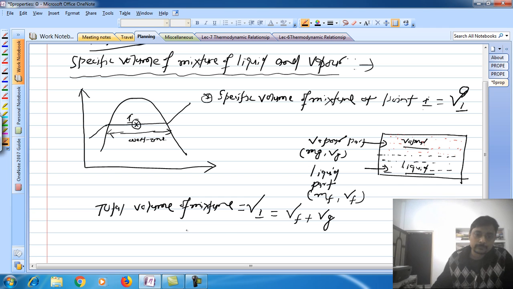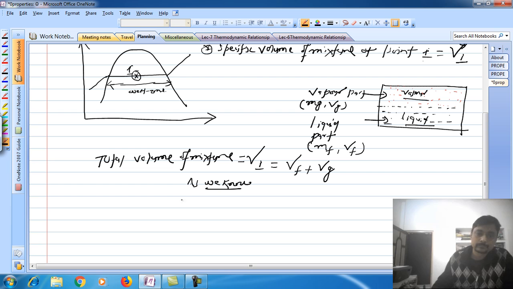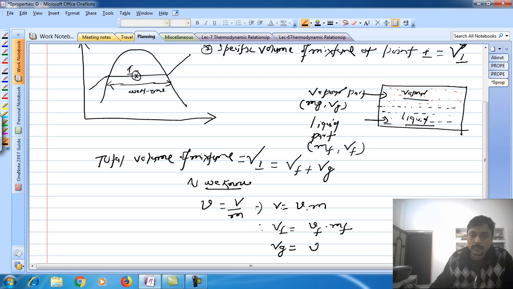As we know, specific volume is equal to volume by mass. So in this condition, volume will be equal to specific volume into mass. Therefore, the volume of liquid is equal to the specific volume of fluid into the mass of fluid, and the volume of vapor is equal to the specific volume of vapor into the mass of vapor.